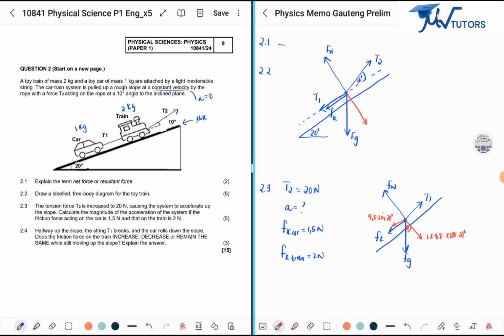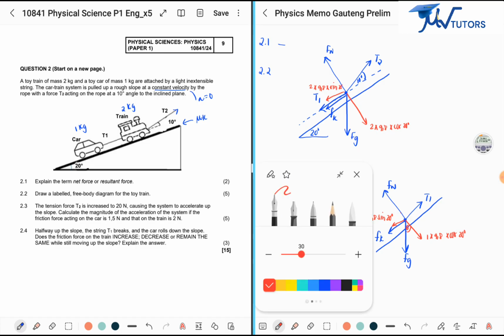And over here, for the train, I'll have 2 times 9,8 times cos 20 degrees, and then I also have 2 times 9,8 times sine 20 degrees. But there's also that T2 that needs to be resolved.